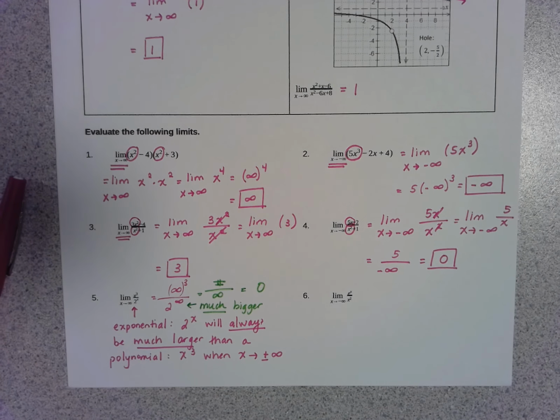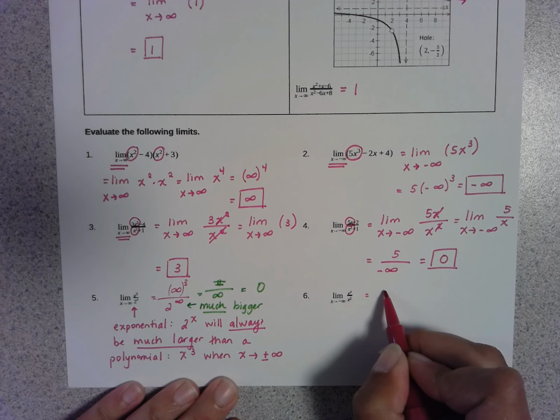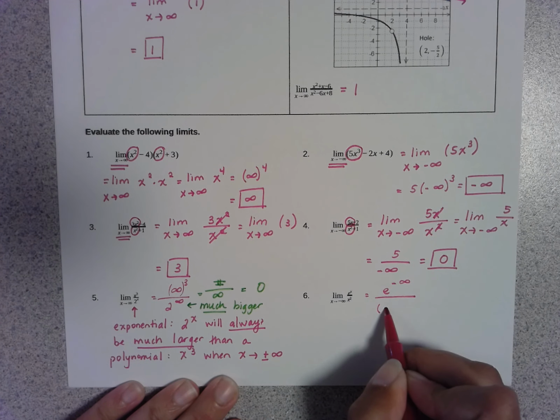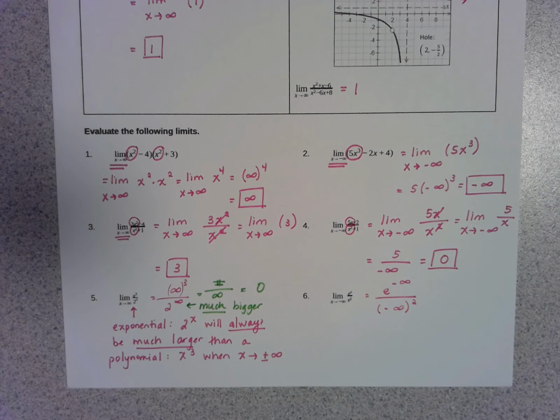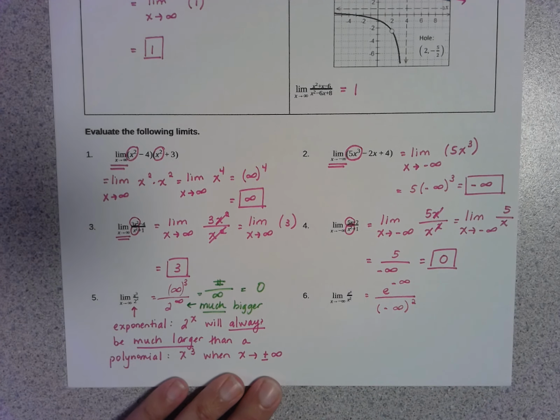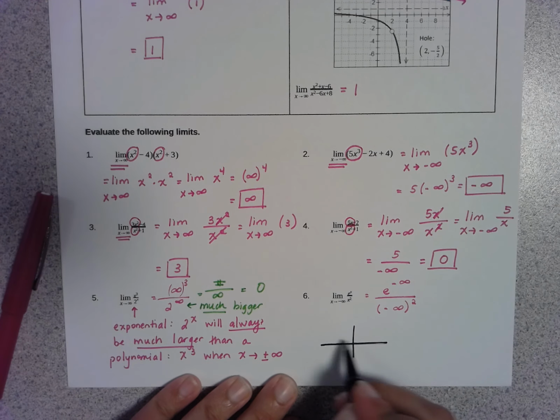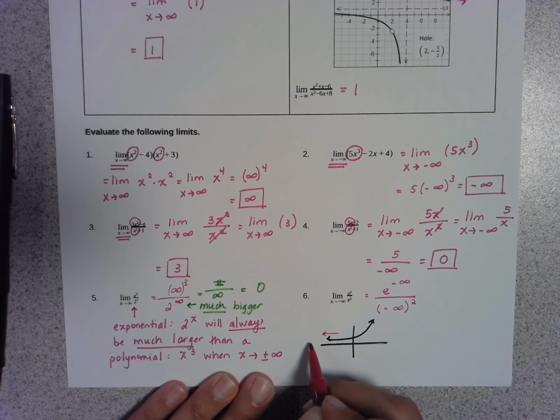For the next problem, it's kind of the reciprocal of what we were looking at. So if we were to substitute in our negative infinity, we would have e to the negative infinity divided by negative infinity squared. Now, in this case, you're going to have e to the negative infinity, which if you imagine the graph of e to the x, as you go to the left towards negative infinity, the function actually flattens out towards 0.